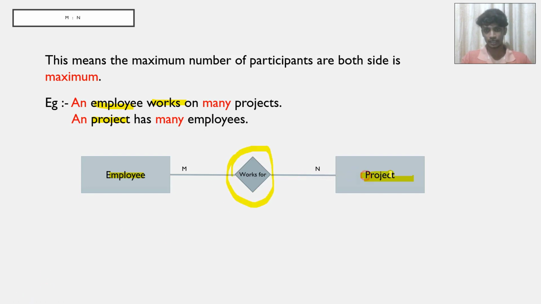If we read like this, a project has many employees. Let's say making the movie Avatar is a project, so it has 500 employees. A project has multiple employees, so it will be N.